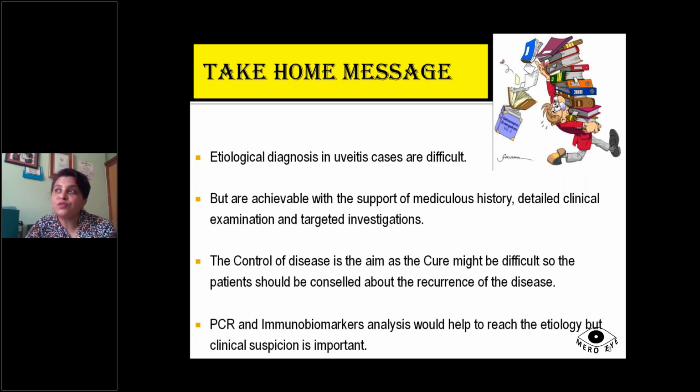The aim of treatment of uveitis is basically control, because many times cure of the disease might be difficult, and you have to counsel at the first presentation itself that you might have a recurrence of this disease. PCR analysis and immunobiomarker analysis would help us reach the etiology. But the main thing is your clinical suspicion and pattern diagnosis before sending these tests.